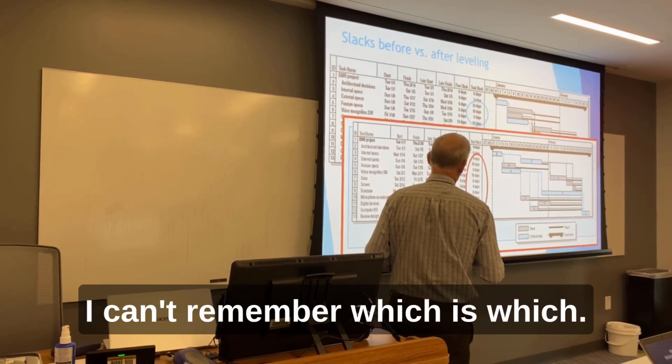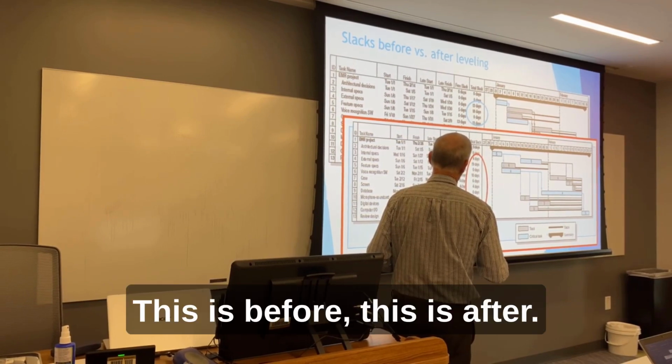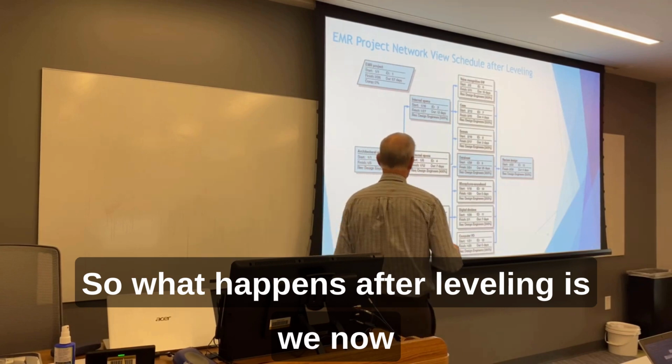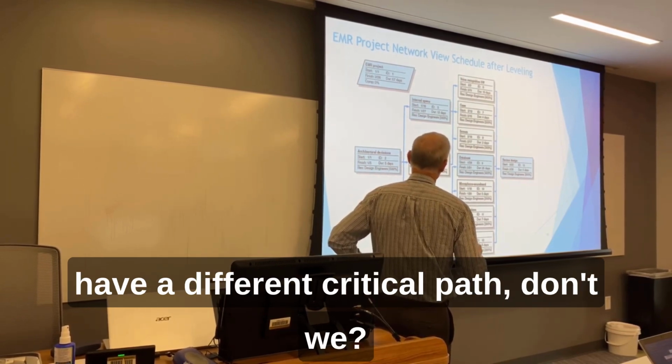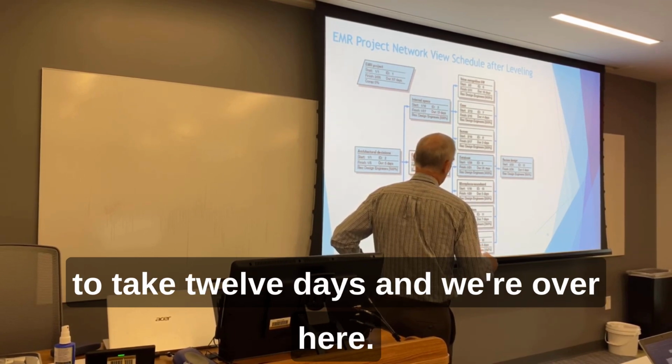Can't remember which is which. This is before, this is after. So what happens after leveling is we now have a different critical path, don't we? So this one, internal spec's now going to take 12 days, and we're over here.